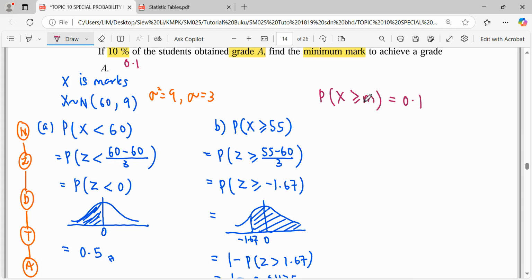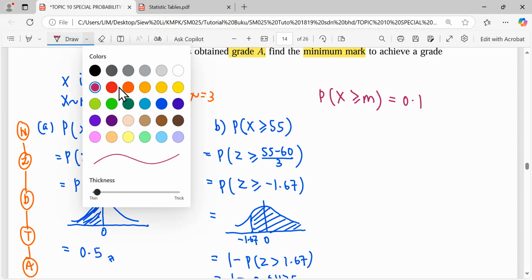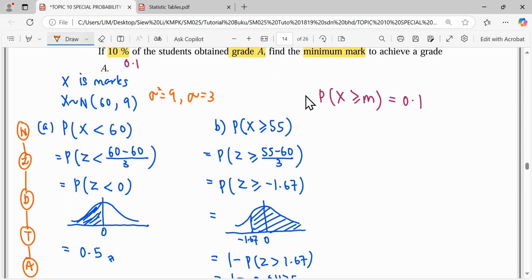So you need to find out what is your minimum passing mark here. We start with N, still talking about normal. Later we change to Z, then we draw out the normal graph and find from the table to get to the answer. The difference is, previously we were given the Z score and found the probability. This is the reverse process: given the probability, find back the Z score and the X value.